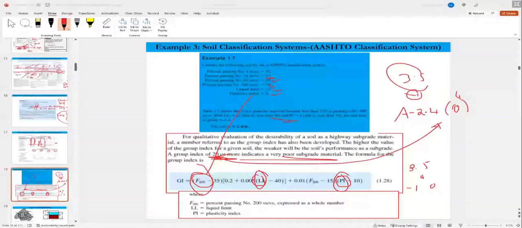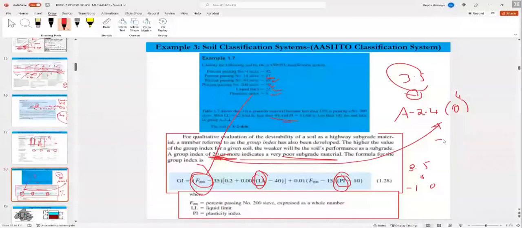Okay, here's a question in the public chat. Mechanical stabilization is the addition of graded material to reduce F200. Round the group index to the nearest whole number.